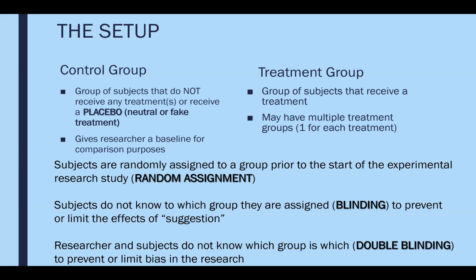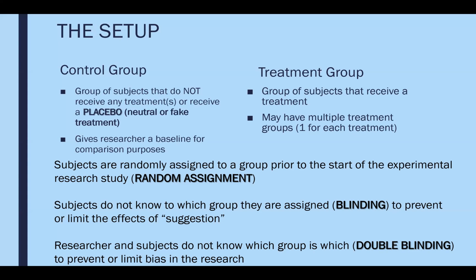Oftentimes when we're doing research, we use a technique called blinding. With blinding, the participants, the subjects, do not know what group they're in. They don't know whether they got the placebo or the actual treatment. So when the subjects do not know which group they're in, it's called blinding.